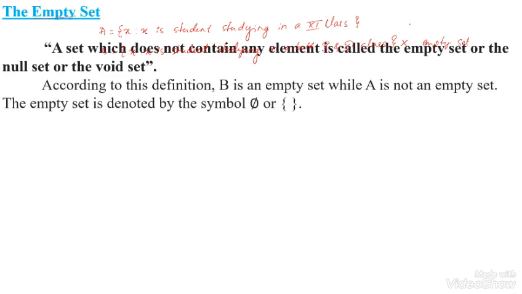According to the definition of the empty set, I will take two examples here. A is the set of X such that X is a student studying in class 11th, and the set B contains X such that X is a student in class 10th as well as 11th. According to the definition, B is an empty set while A is not an empty set.